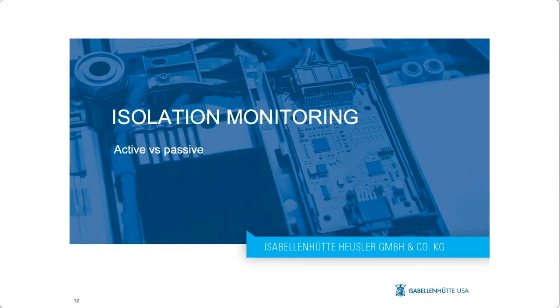Now we want to look a little bit closer into the isolation monitoring topic in high voltage battery systems. Especially, we want to compare active versus passive isolation monitoring methods.